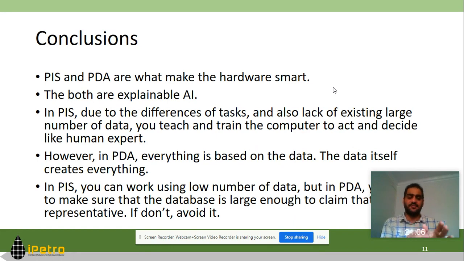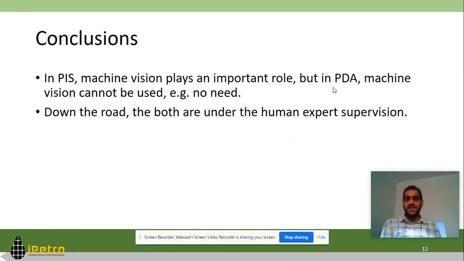If not, avoid it. In PIS, machine vision plays an important role, as I showed you in some examples. But in PDA, machine vision cannot be used. It doesn't mean that PDA is less advantageous than PIS.